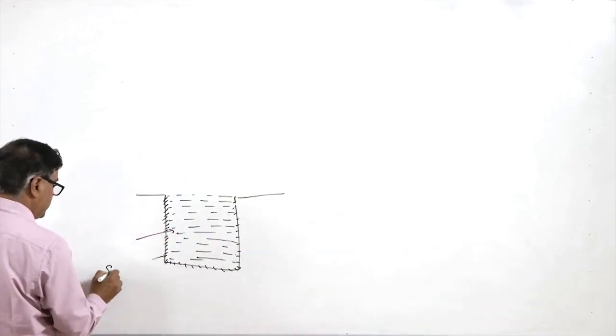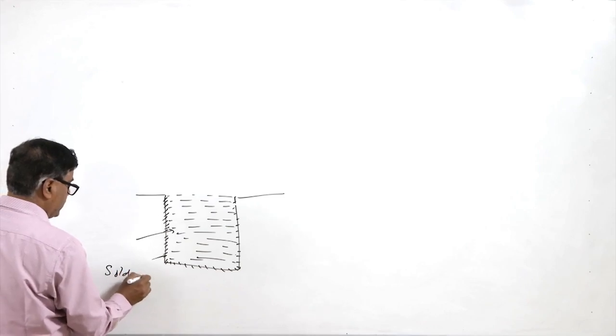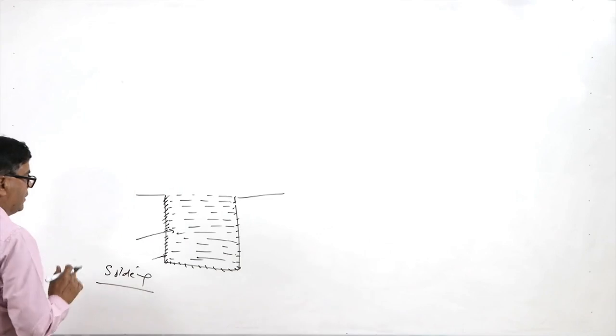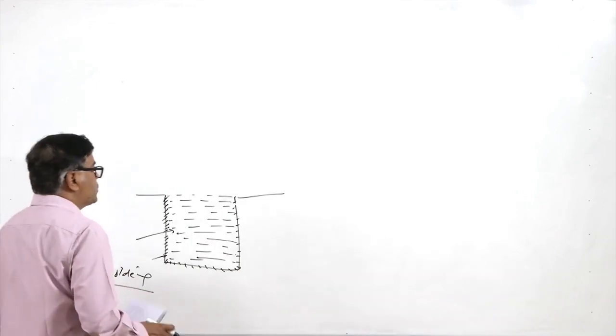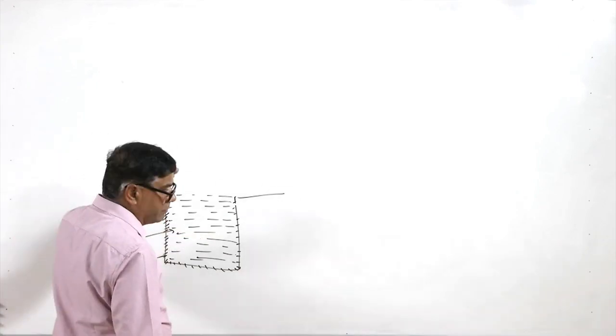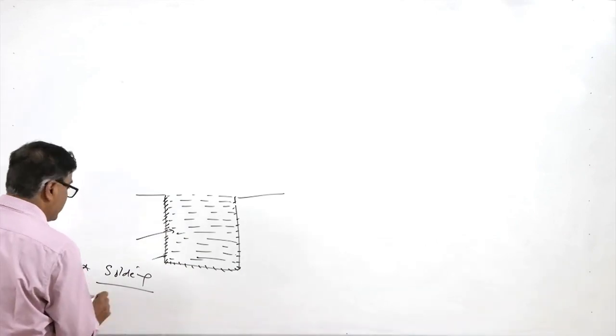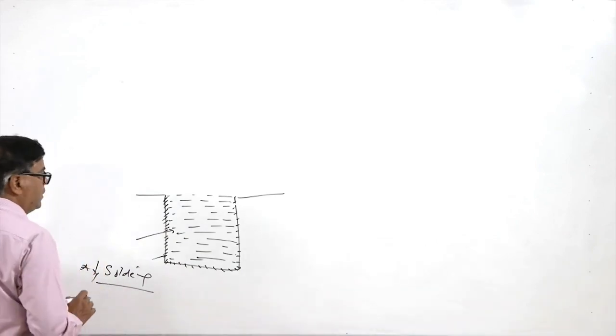This is called soldering of the metal of the casting with the mold wall. This will make the withdrawal of the casting difficult.